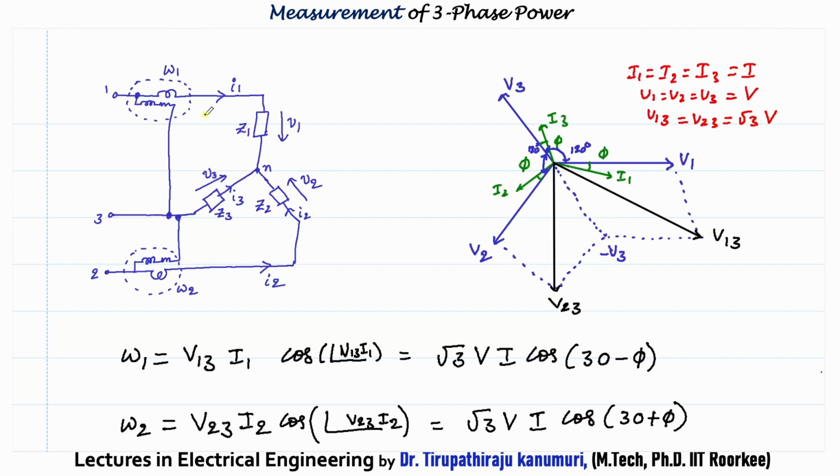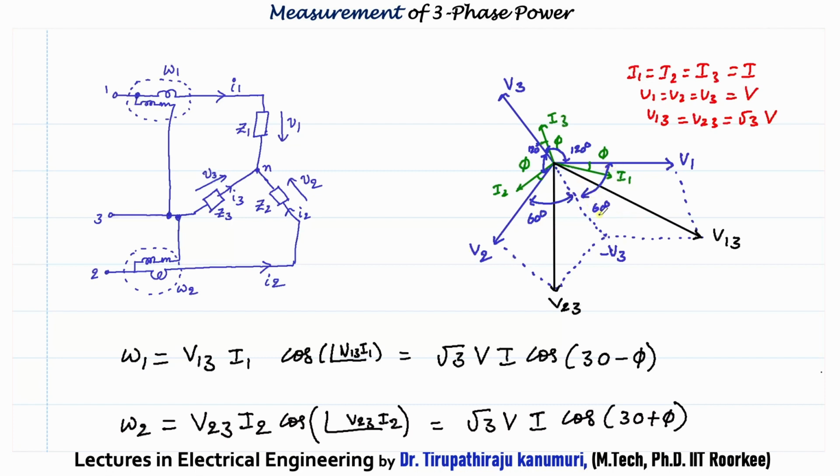V13 is nothing but, if you are going in this loop, V1n minus V3n, because we are going in the opposite direction. So I have to take V3 in the opposite direction. When you take it 180 degrees opposite, the total angle is 120, and this divides the angle into 60 degrees and 60 degrees.